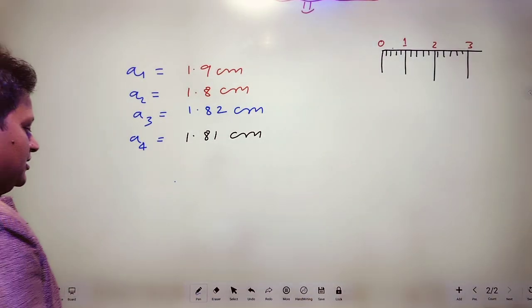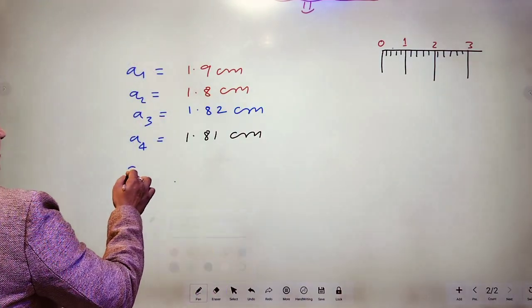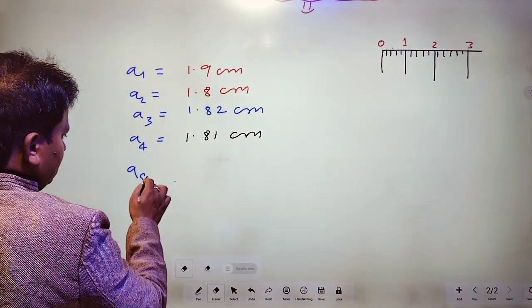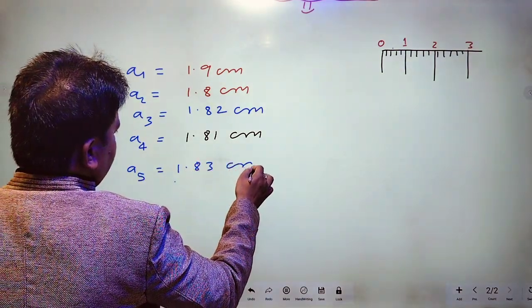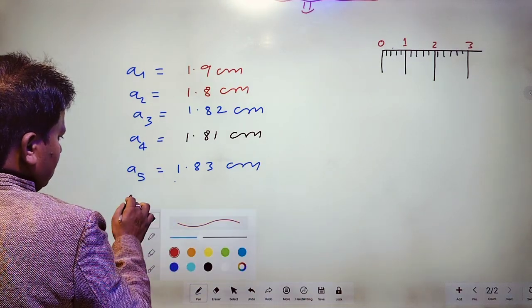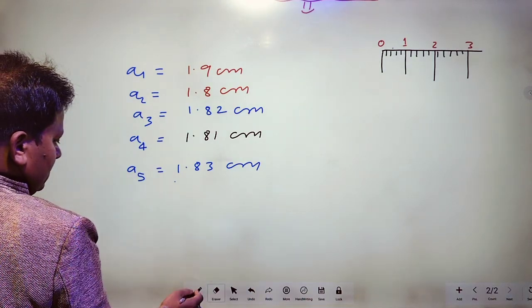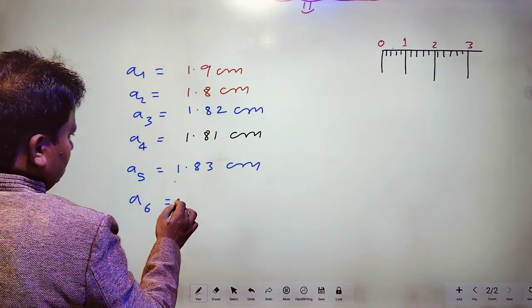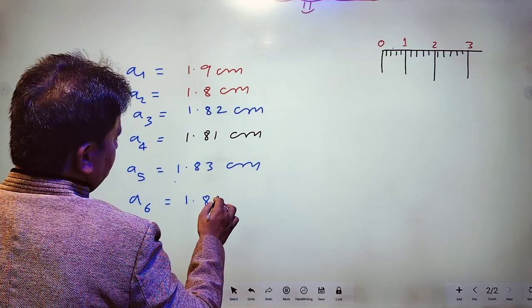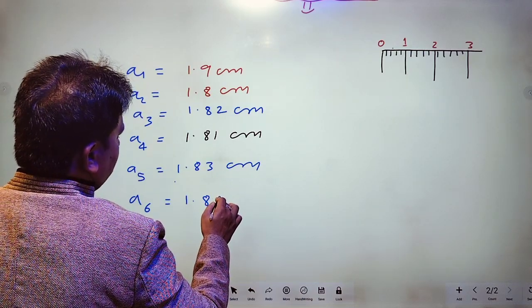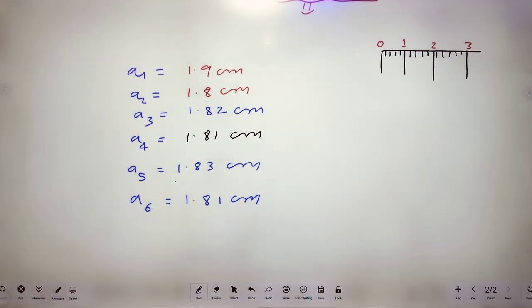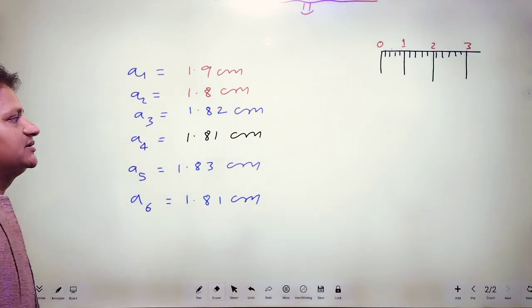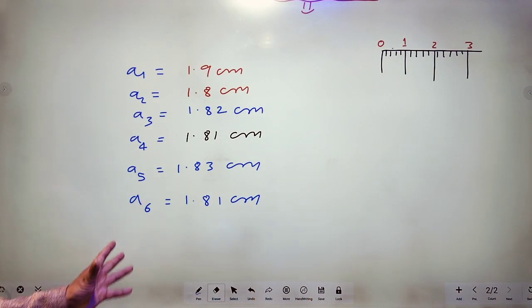The next reading is A5, which is equal to 1.83 centimeter, and this is A6, 1.81 centimeter. Two readings can be the same. This and this are the same.